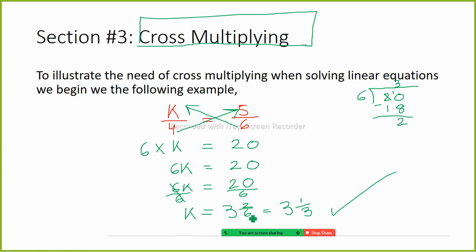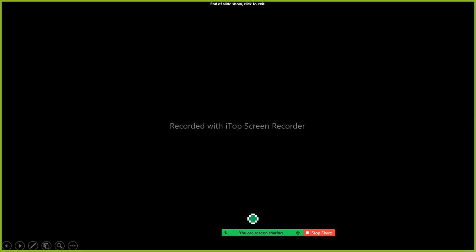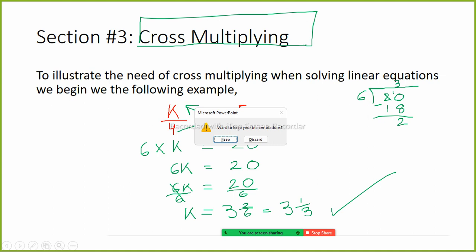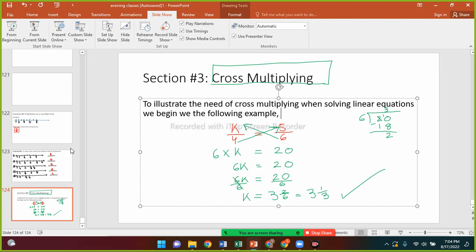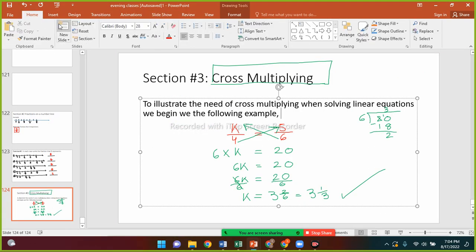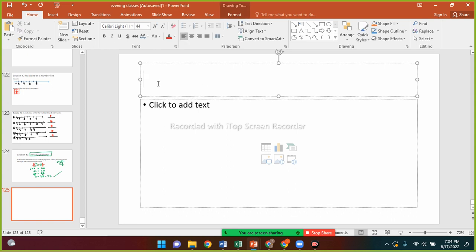All right, so let's do another example. So let's say we had, so the instruction here is to simplify the following equation.